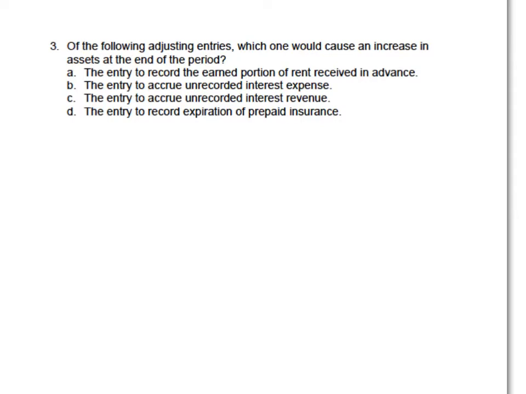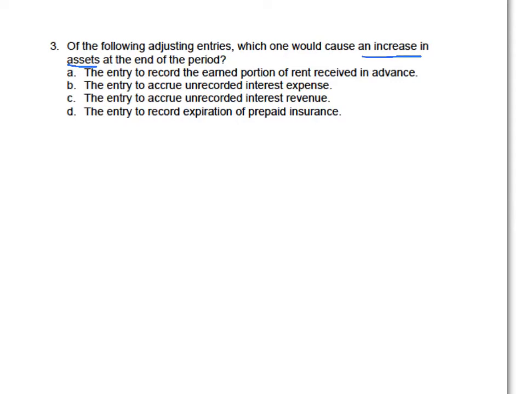And what we're looking for here is something where there's an increase in assets. Debit to a liability and a credit to revenue doesn't affect that. An entry to accrue unrecorded interest expense, normally that would be a debit to interest expense and a credit to interest payable, and that does not involve assets.